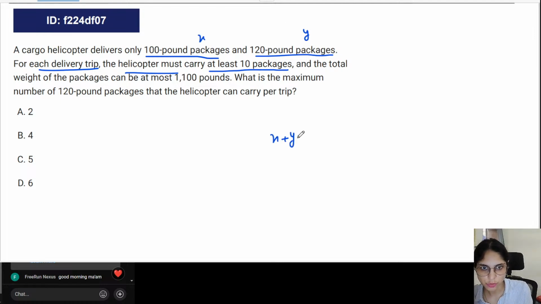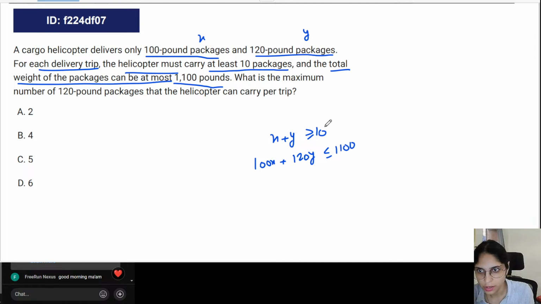So x plus y should be greater than or equal to 10 because at least 10 packages. And total weight can be at most 1100 pounds. So weight is going to be 100x for the 100-pound packages, 120y for the 120-pound packages, and at most means less than or equal to 1100. Now they want to know the maximum number of 120-pound packages. So we have to find the y maximum value.